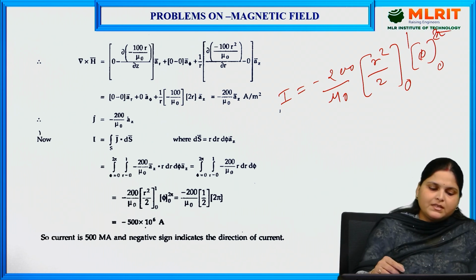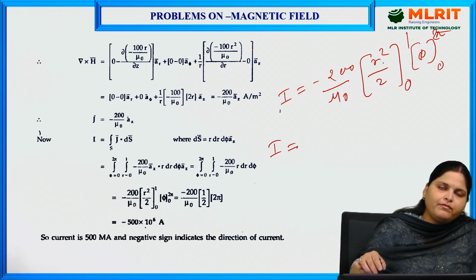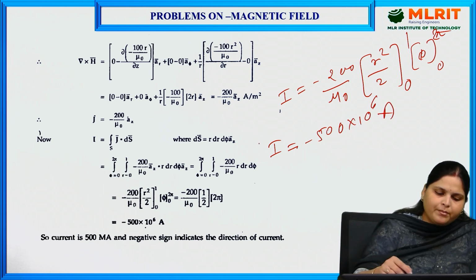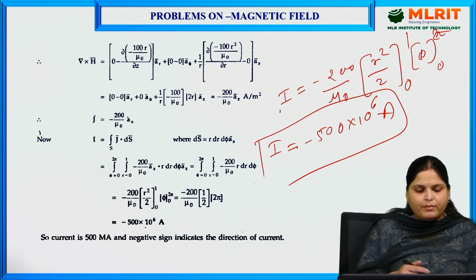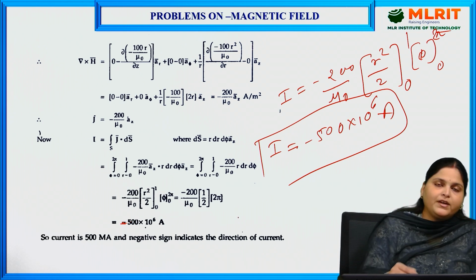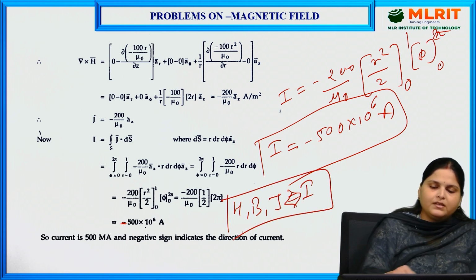When we further simplify it, we will put the limits of r and phi here, and we will get I as minus 500 into 10 to the power 6 ampere, which is 500 mega ampere. And by this negative sign we can see the direction of current. So that is how we can calculate. We have calculated H, B and J, and from J we have calculated I.